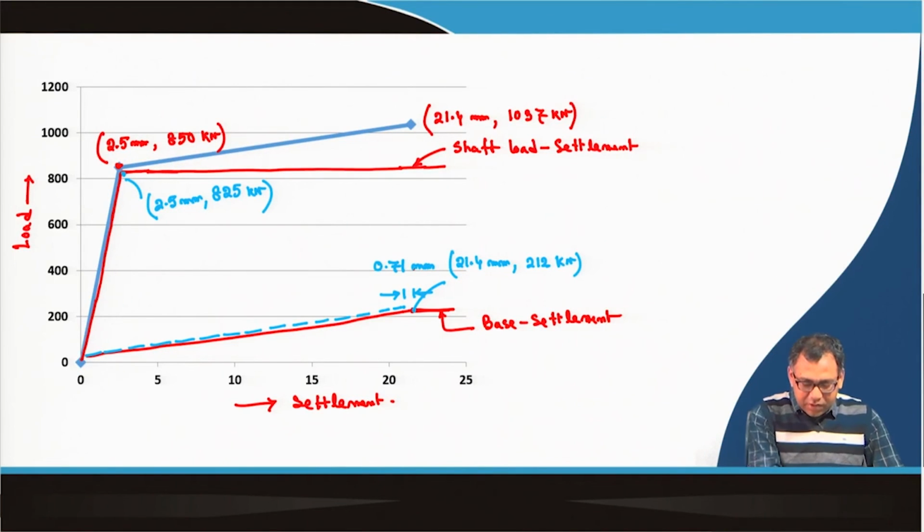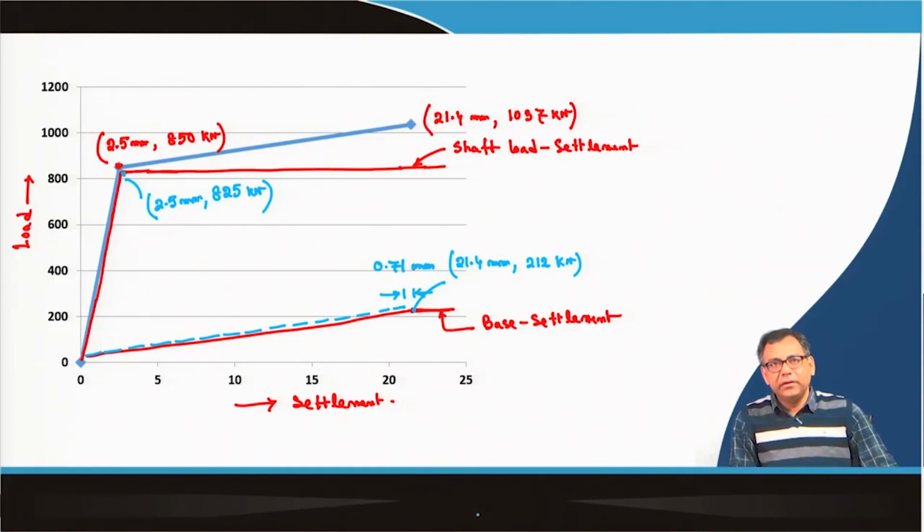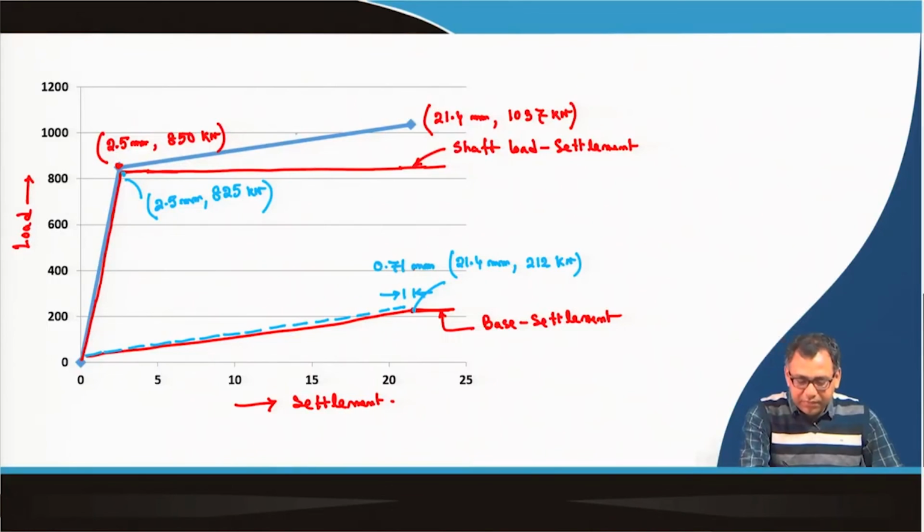So, I can draw the overall curve like this. So, this will add and then it will be parallel to this base settlement curve. So, this one is the overall load versus settlement.